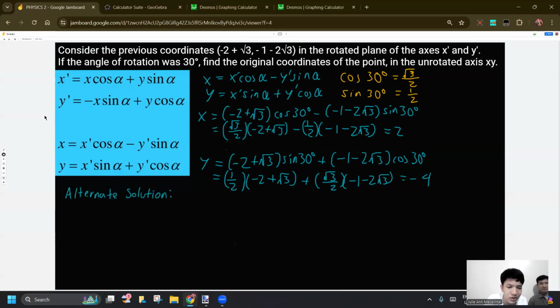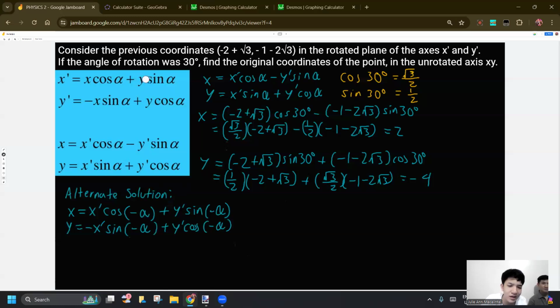Here's the alternative solution. Here are the formulas we will be using. x will be x prime cosine negative alpha plus y prime sine negative alpha, and y will be negative x prime sine negative alpha plus y prime cosine negative alpha.